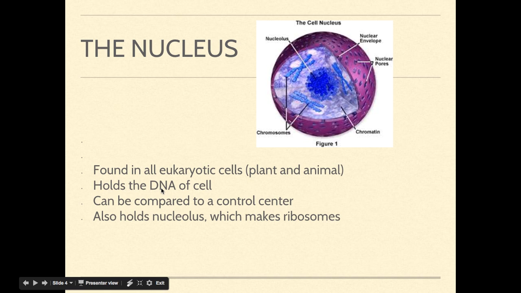And for that reason, we compare it usually to a control center or headquarters. Remember, your DNA is basically the instructions on how to make you, you. The nucleolus here in the center is a structure that makes ribosomes. And we'll talk about the importance of ribosomes here in a minute.